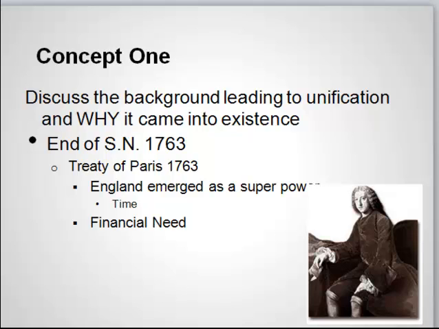So concept 1, we'll be looking at the background leading to unification of the colonies and why it came into existence. It's important to understand the original 13 colonies saw each other as very distinct from each other. They would peg their identity not to America, but to Virginia or Delaware or New York or the Carolinas.